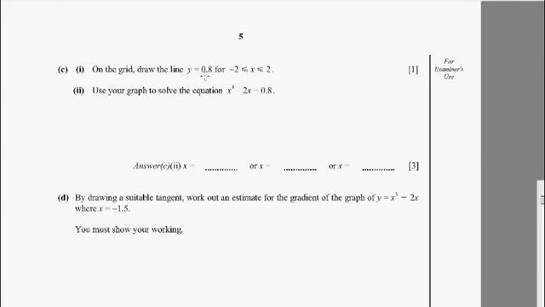On the grid, draw the line y equals 0.8 for negative 2 is less than or equal to x. So this is just telling you where you should draw this line between what x values. So if this was 2 and this is negative 2, you want to draw a line y equals 0.8. So let's do this on the grid more directly.